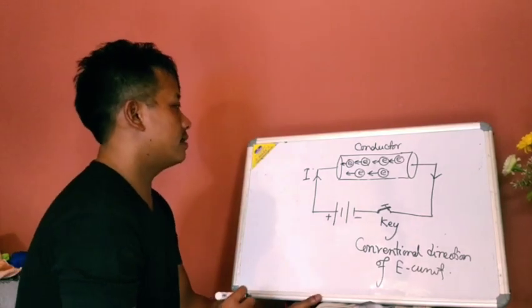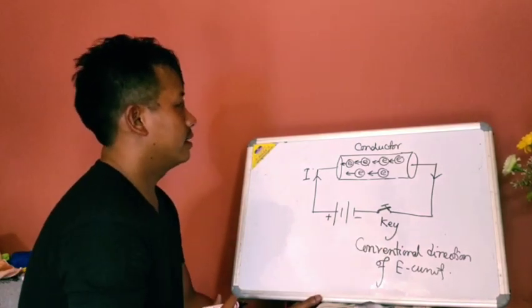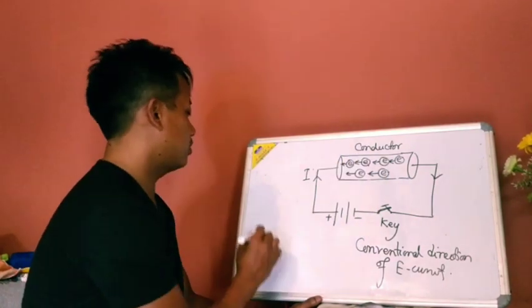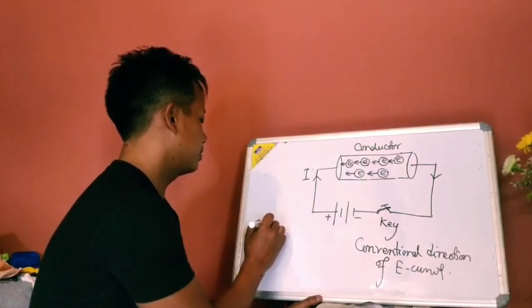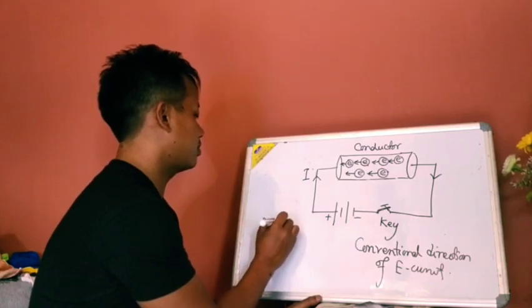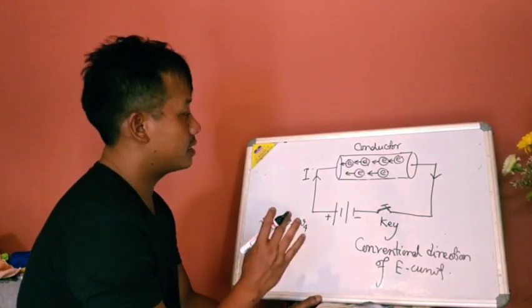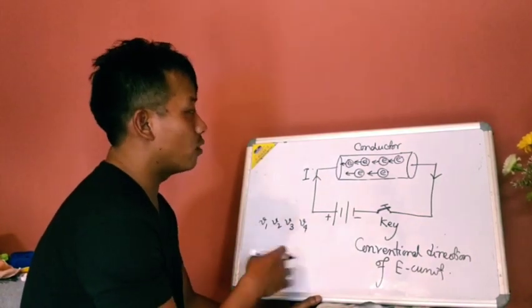Another concept: when you take the velocity of the first electron, the second electron, the third electron, the fourth electron, these values may or may not be the same.